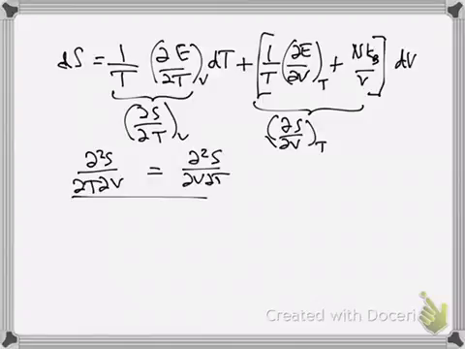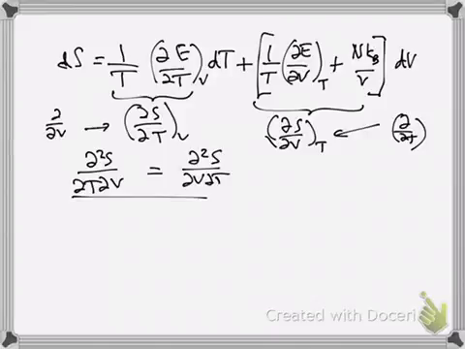Which means I should be able to take the derivative of this thing with respect to the volume, and I should be able to take the derivative of this thing with respect to the temperature and set them equal to each other. And they really have to be mathematically equal, right? So what does that end up looking like?